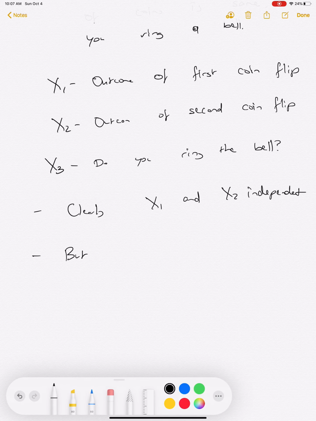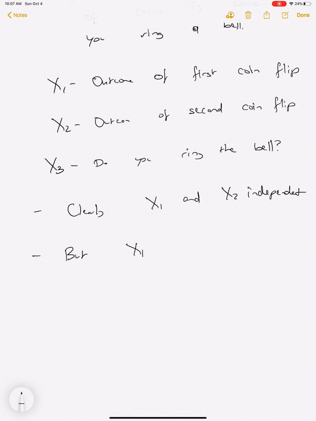Obviously, coin flips are independent, but X1 and X2 are conditionally dependent given X3. Because if you know that you rung a bell, then you already have the information that they're both the same. So for example, if you know that the bell was rung and you know the first coin flip was heads, that implies that the second coin flip had to be heads as well.